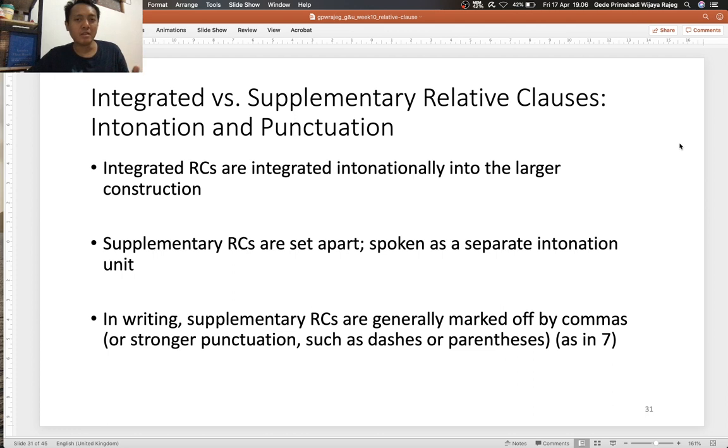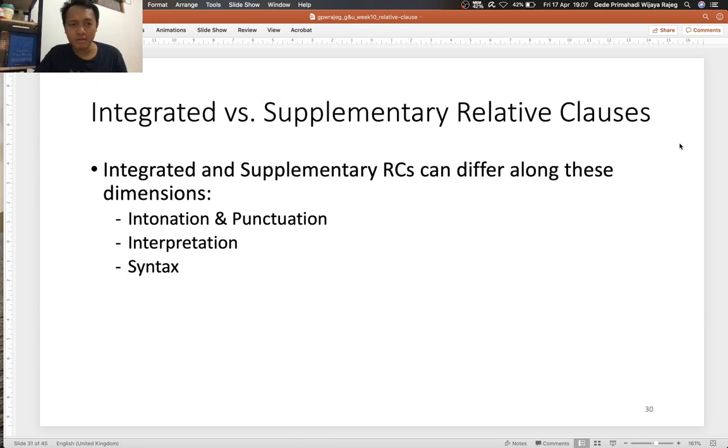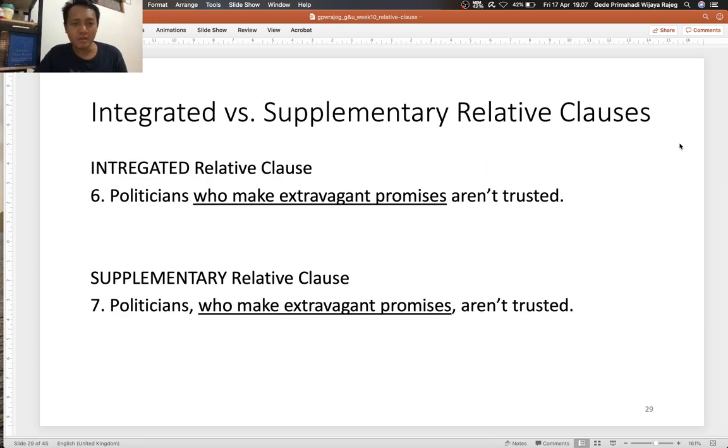There will potentially be a short pause, because the supplementary relative clause will be spoken as a separate intonation unit. So for example 6, you would say politicians who make extravagant promises are untrusted, and for 7, you might say something like politicians, who make extravagant promises, aren't trusted. Those are the intonation differences.